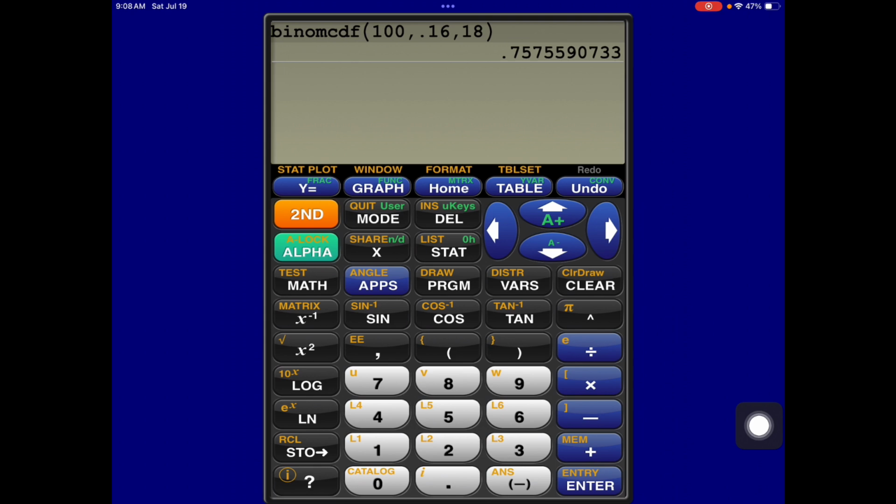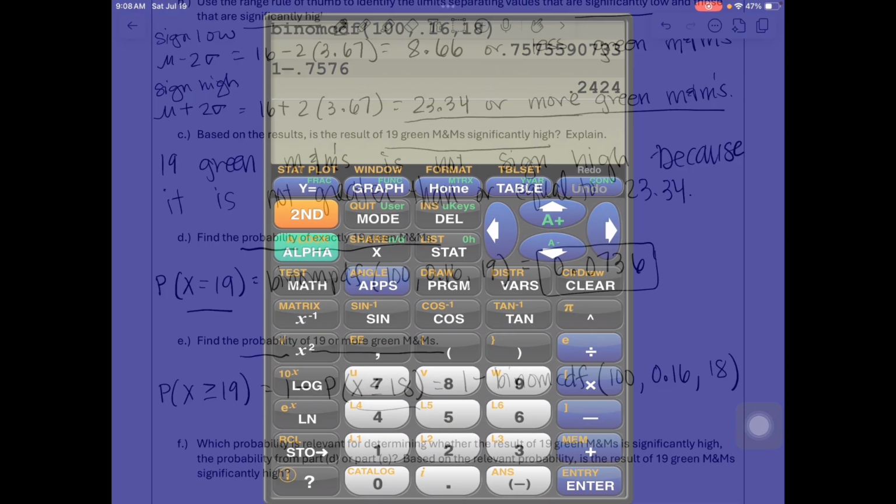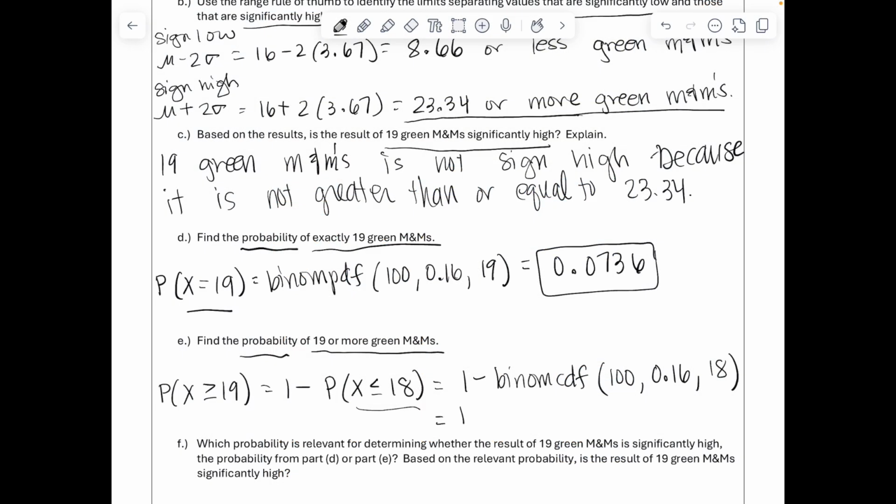From here, we're going to do 1 minus, and then I'm going to round that answer up above to 4 decimal places, which is 0.7576. And then that would be my corresponding probability. From the graphing calculator, we had 1 minus 0.7576, which is equal to 0.2424.